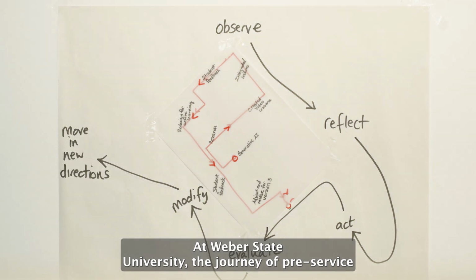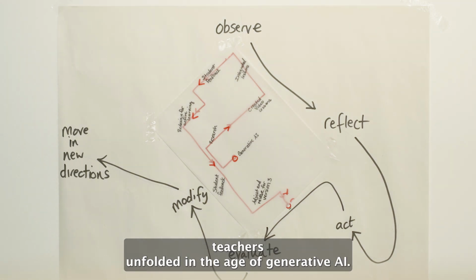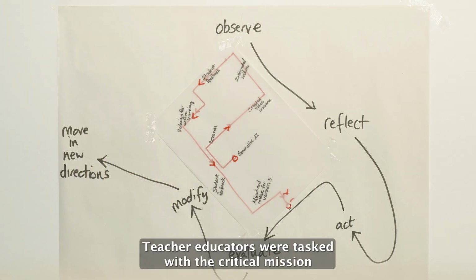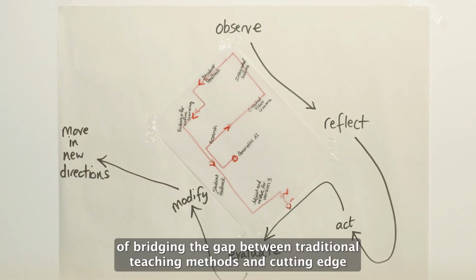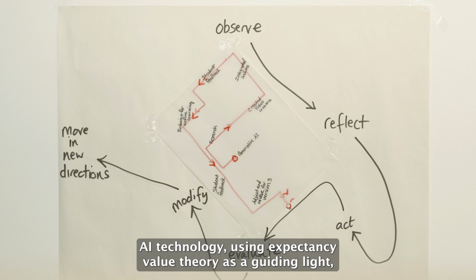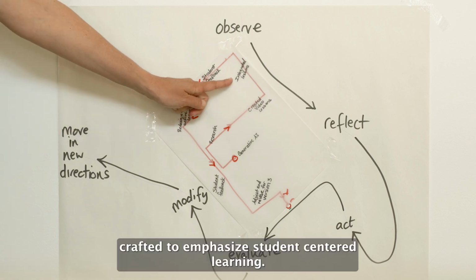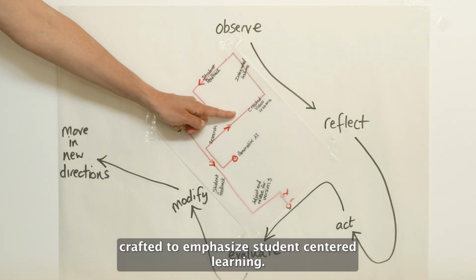At Weber State University, the journey of pre-service teachers unfolded in the age of generative AI. Teacher educators were tasked with the critical mission of bridging the gap between traditional teaching methods and cutting-edge AI technology. Using expectancy value theory as a guiding light, these reflective educators ventured into a revamped AI unit, crafted to emphasize student-centered learning.